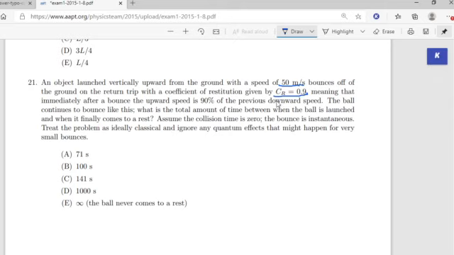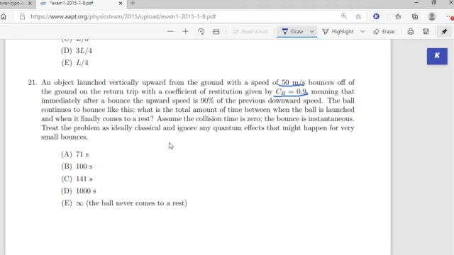The ball continues to bounce like this, but as the amount of time the ball's launched around, it finally comes to rest. Assume that collision time is zero, the bounce is instantaneous, treat the problem as ideally classical, ignore any quantum effects that might happen for very small bounces. Hmm. So it's asking to find the time it takes for it to come to rest.